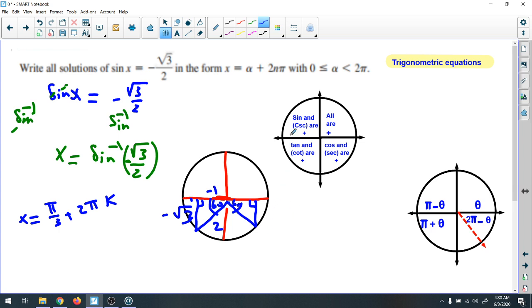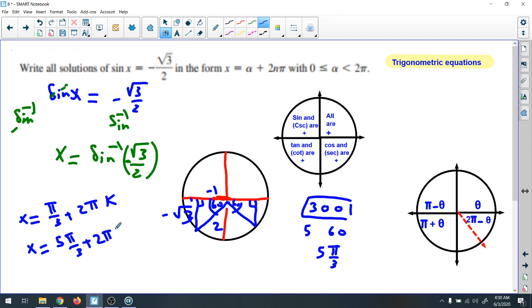We want it in radians, as they told us. 300 is 5 times 60, and 60 is pi over 3 because 180 divided by 3 is 60. Attach 5, then it will be 5 pi over 3. So the second solution must be 5 pi over 3 plus 2 pi k.